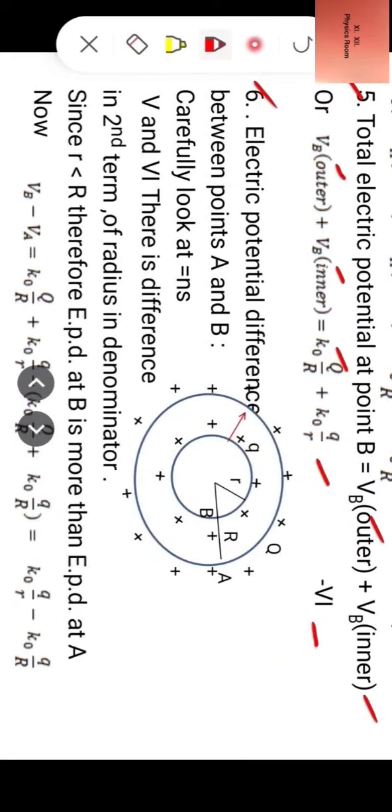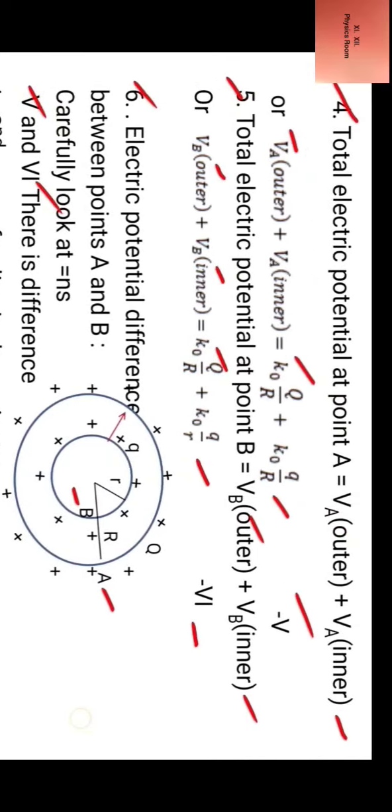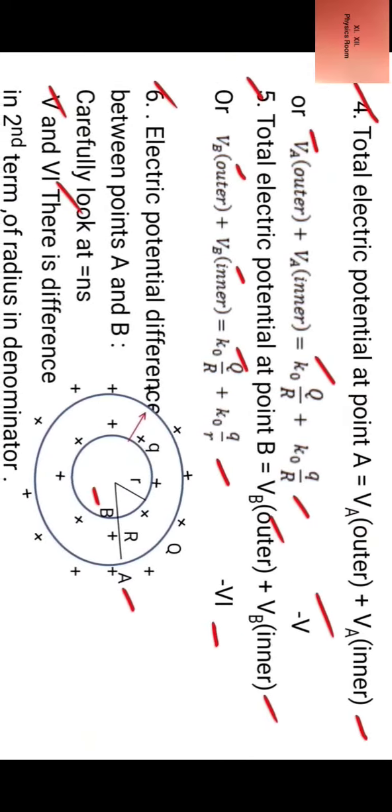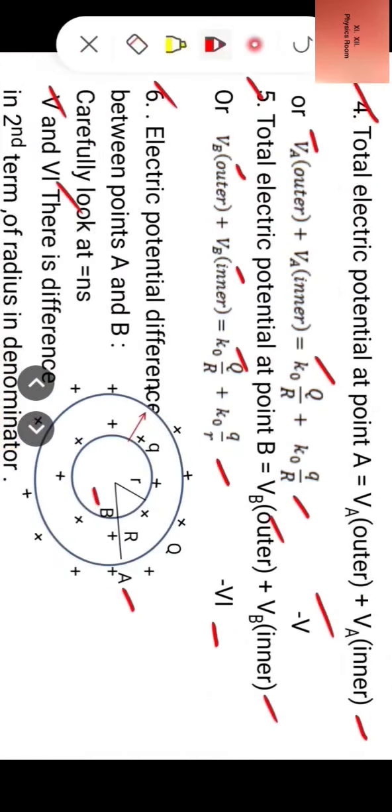Sixth, electric potential difference between points A and B. Now carefully look at equations 5 and 6. Here you see there is a difference in the second term, in the radius only.